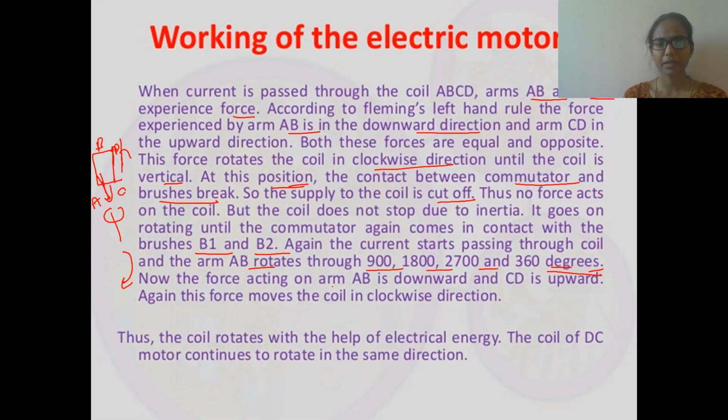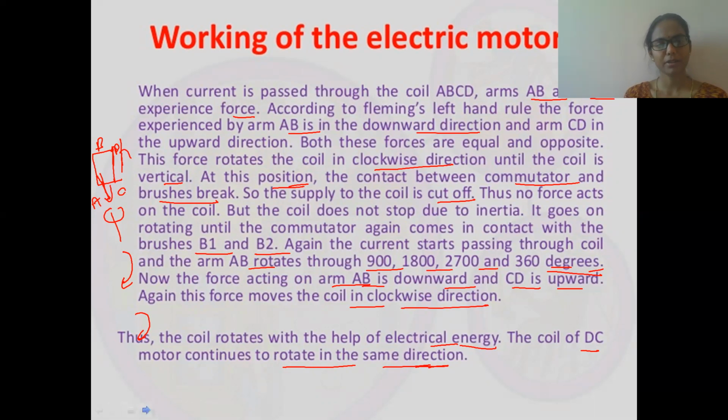Now the force acting on arm AB is downwards and on CD is upwards. So again this force moves the coil in a clockwise direction. Like this, the coil continuously keeps rotating. Thus the coil rotates with the help of electrical energy. So the coil of a DC motor rotates in the same direction. I hope this is clear, children, everyone.